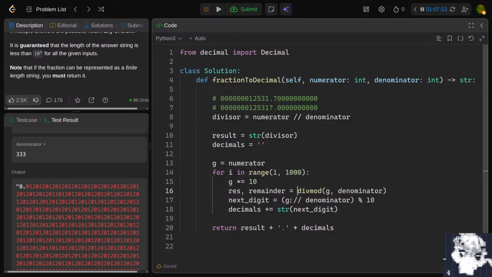So it gives you the result of integer division, and then it gives you the result of the mod. So G mod this. I'm wondering if there's a way to use the remainder to construct the state that we need for the next thing.